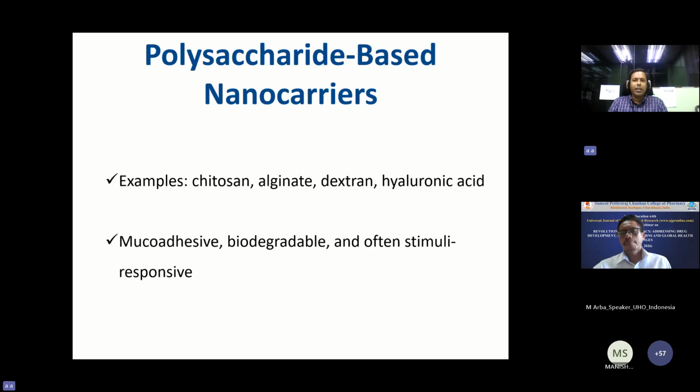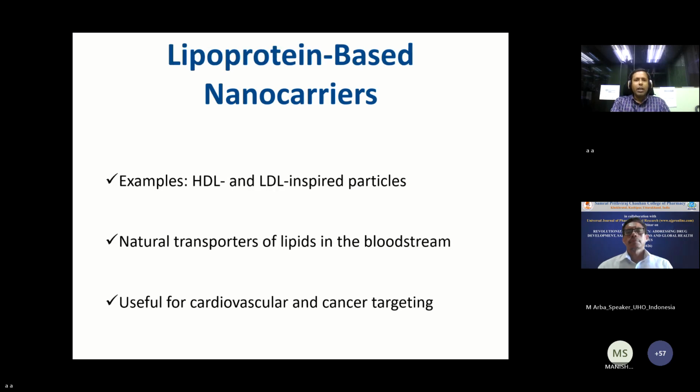So anything that we want to deliver to the large intestine, or a drug that is acid sensitive, can use those polymers. Lipoprotein-based nanocarriers, for example HDL or LDL inspired particles, we have used a lot for drug delivery purposes. They can be found naturally from human or animal blood, and are useful for cardiovascular and cancer targeting drug delivery.